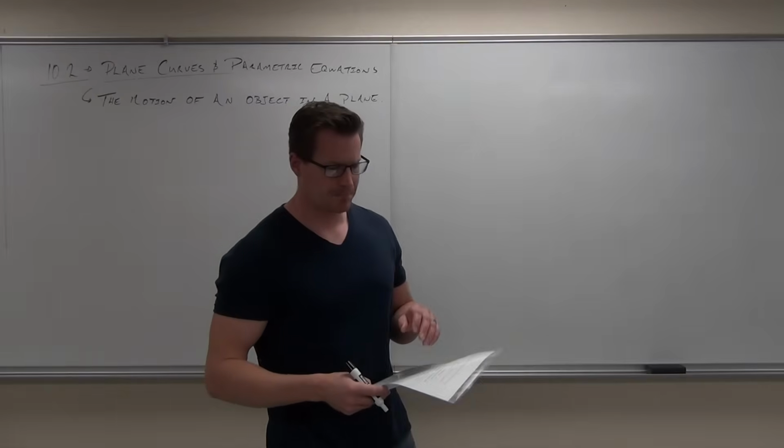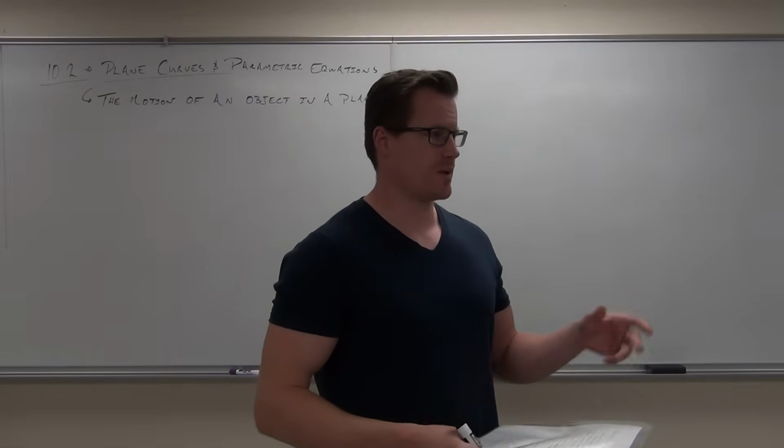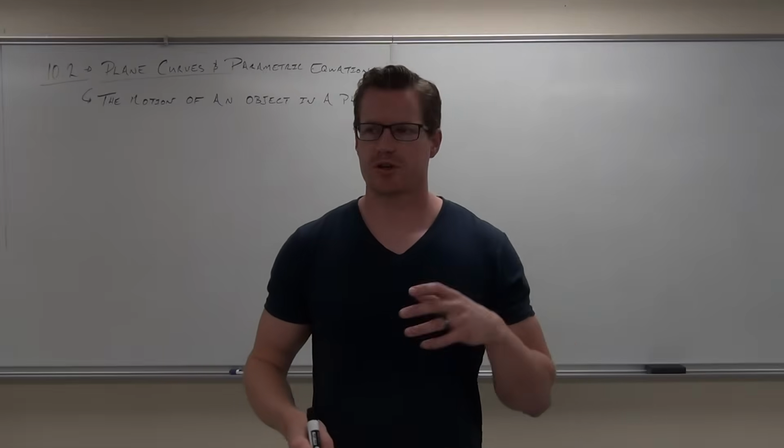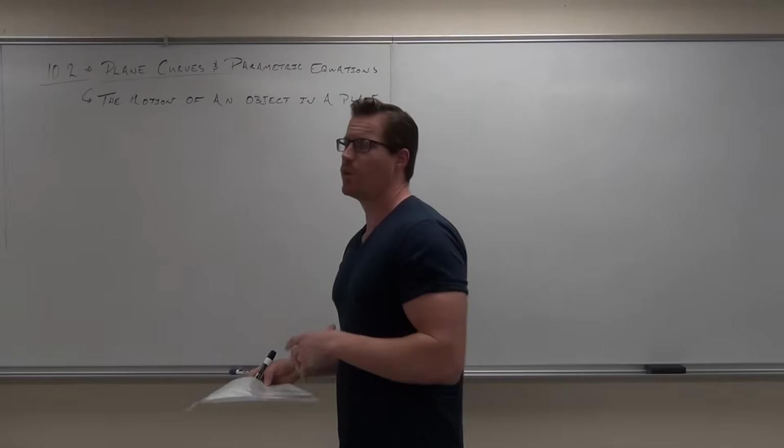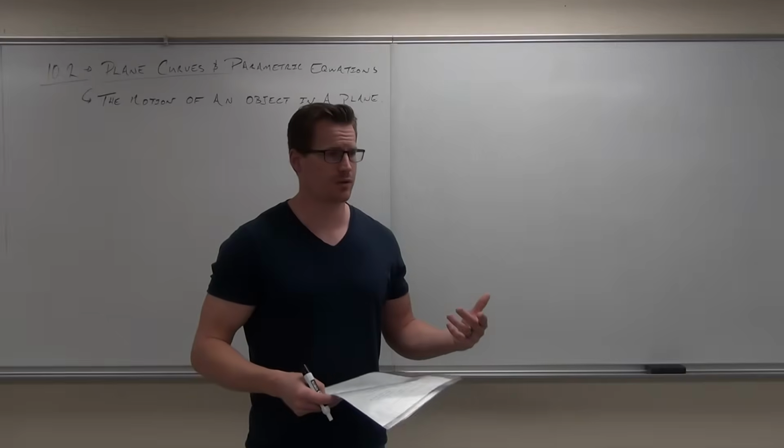Now, I'm going to write these out so you have some good notes here. There's a problem with always defining a plane curve in terms of x and y, rectangular coordinates.